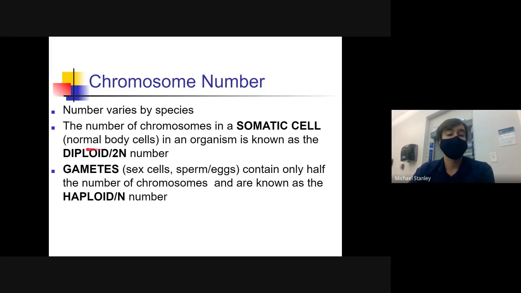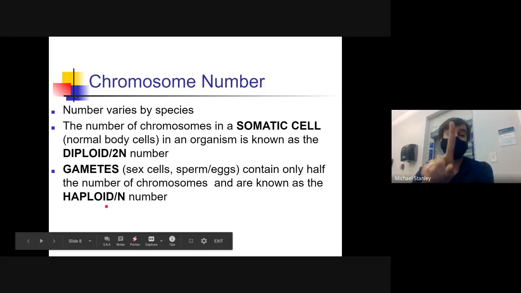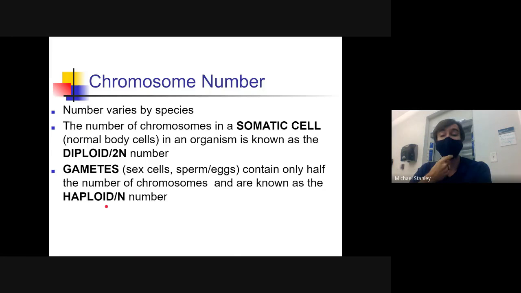Certain cells called our gametes, which are our sperm cells in males or our egg cells in females, are the sex cells of our body. These do not have the diploid number. They have what's called the haploid number, so just a single copy of each chromosome.